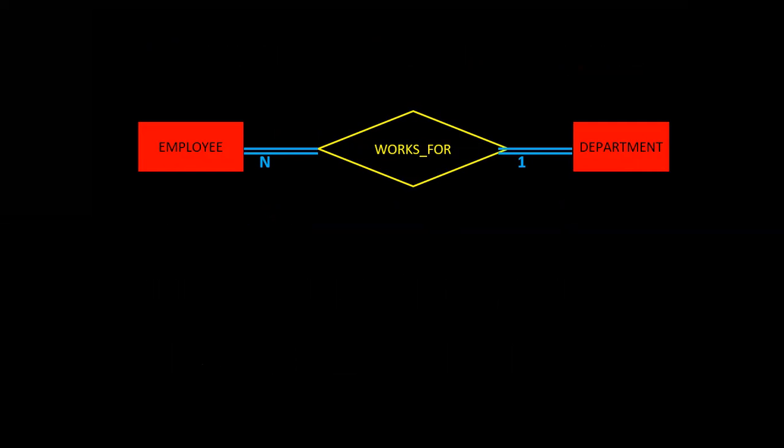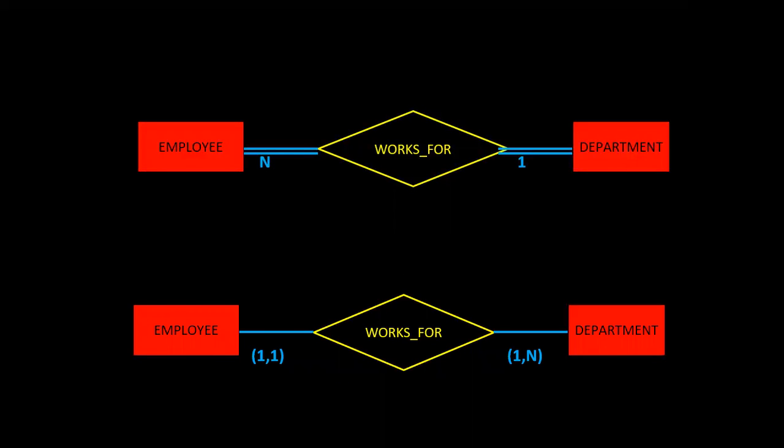In the alternative notation using the min-max method, we can rewrite it as below. Between employee and works for, I have total participation, so the min value is 1. Again between works for and department, we have total participation, so the min value is 1 here also.